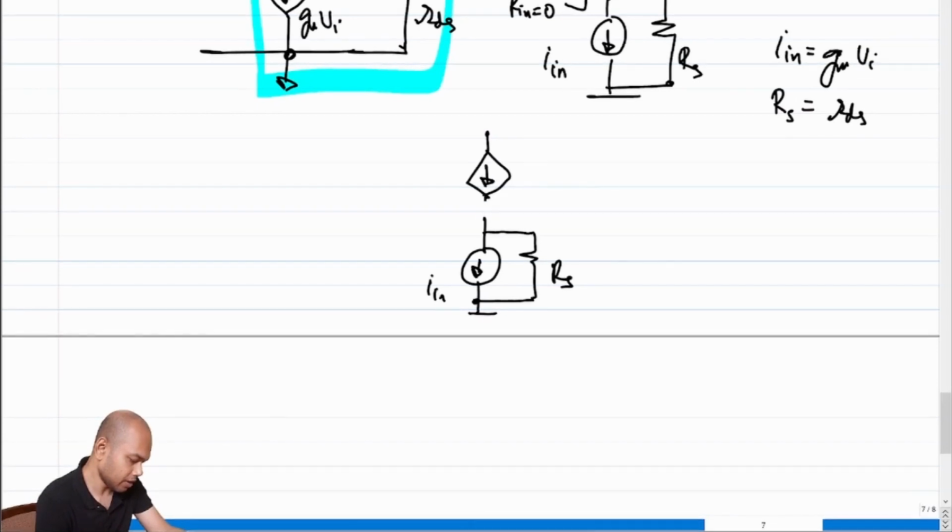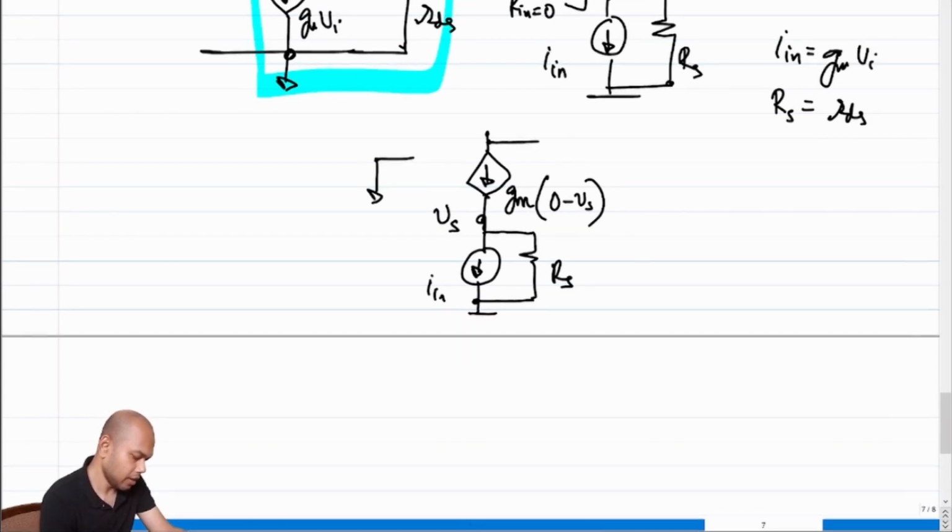It is this, where the input gate of the current buffer is grounded, and I call this Vs. So the current will be Gm times 0 minus Vs. Let's not include the GDS for the time being, and there will also be a resistance RD connected to ground.